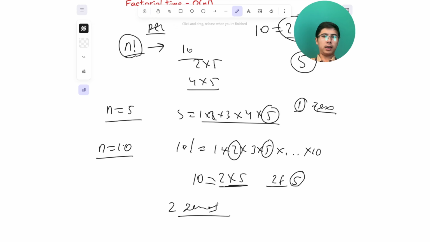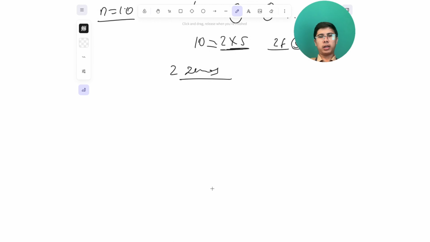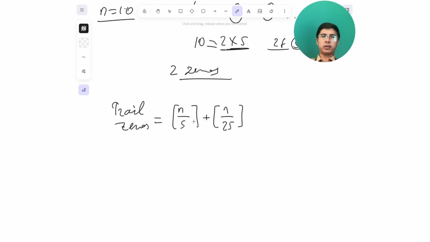So the general formula, if we convert it to mathematical form: trailing zeros equals n divided by 5, getting the divisor part, plus again n divided by 25, which is the second power of 5, and again 125, and so on.